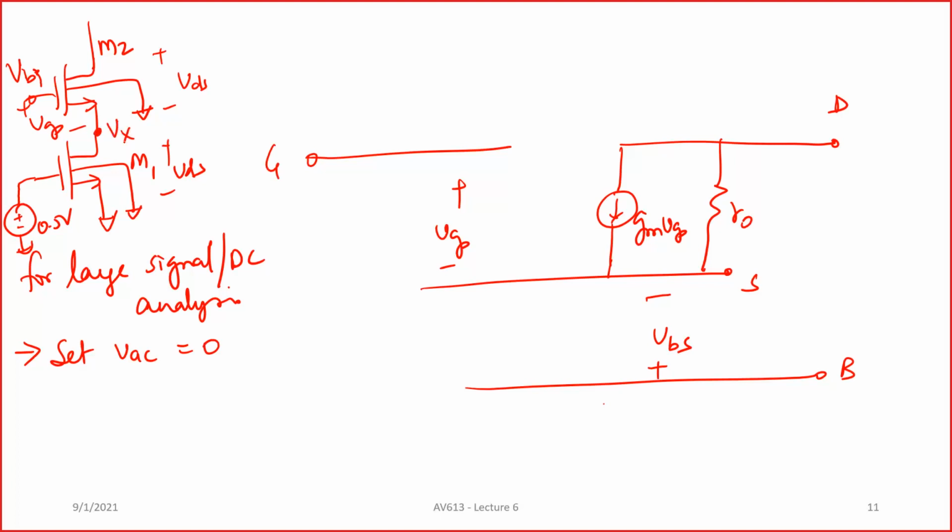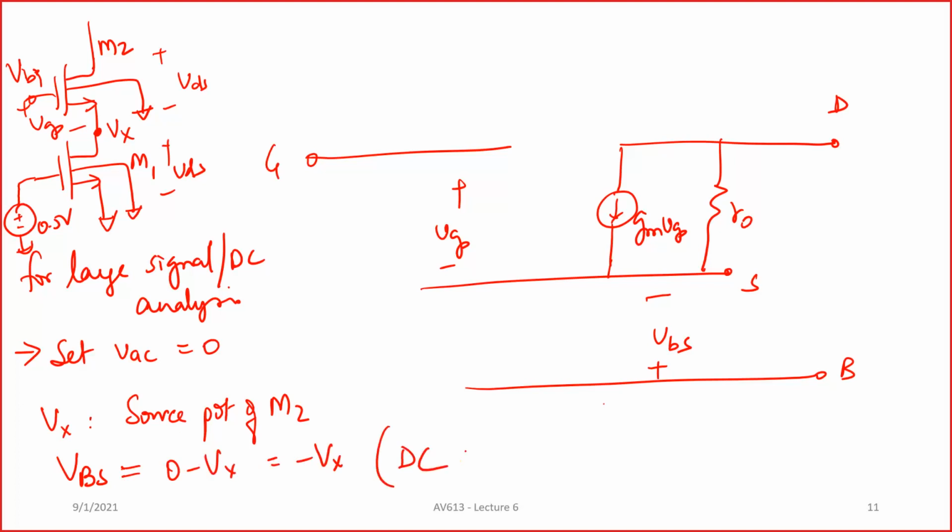Vx is the source potential of M2. Now, what is your VBS? Your capital VBS, which is your DC voltage, is 0 minus Vx, which is minus Vx. This is your DC bulk to source potential.